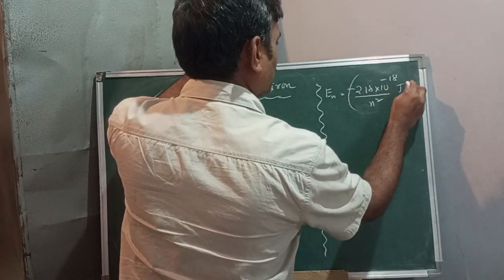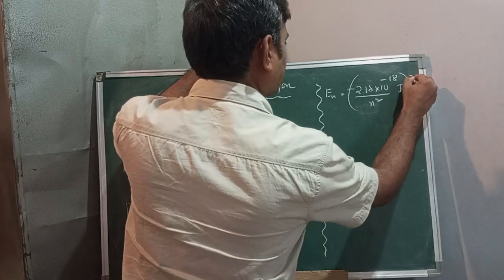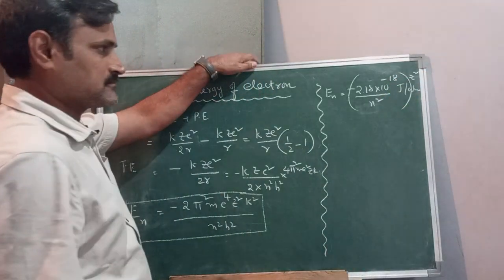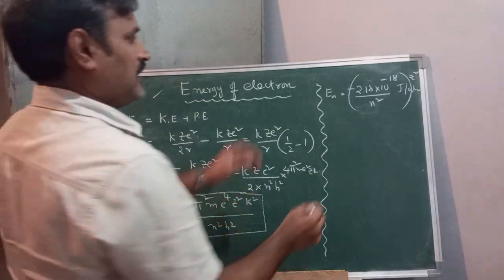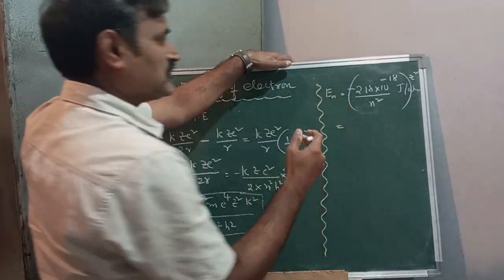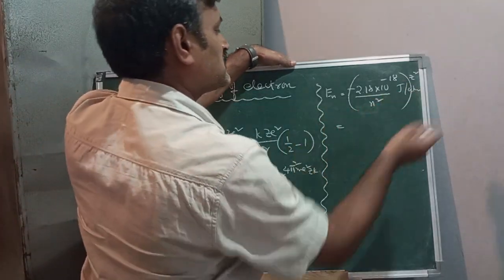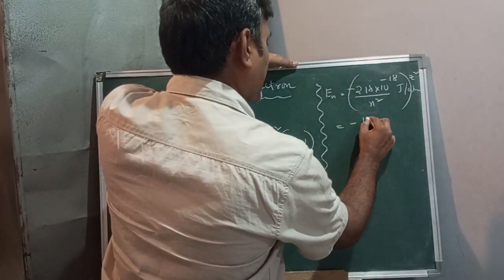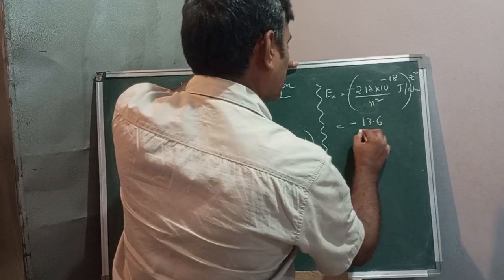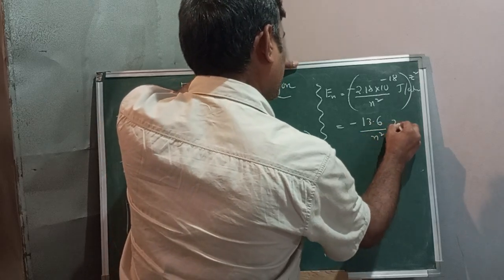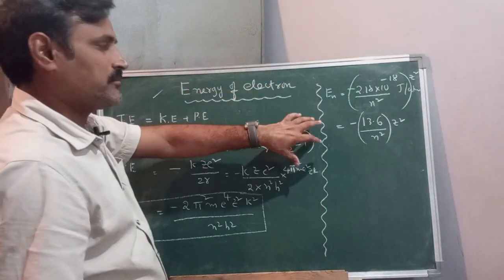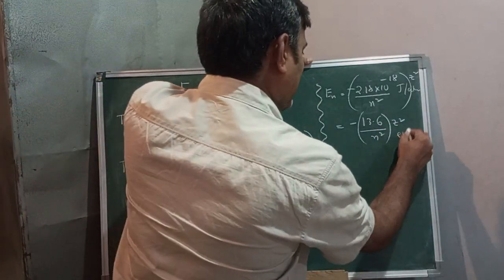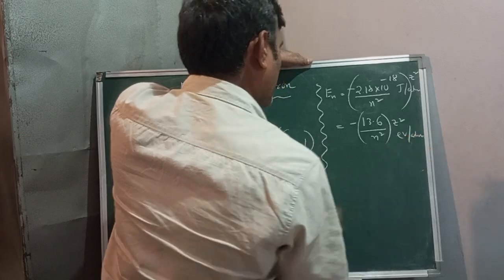This is joule per atom. If you want to write it in electron volts per atom, it will be minus 13.6 by n square into z square for the nth orbit. This is electron volts per atom.